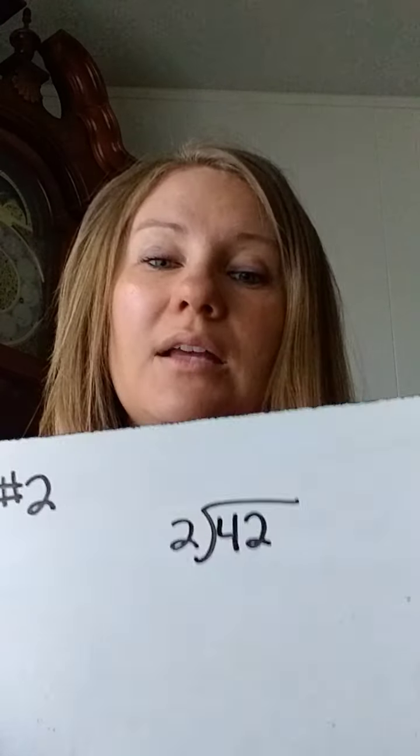If 2 oranges cost 42 cents, how much would 8 oranges cost? Now there's 2 different ways you can do this. One, we can go 42 divided by 2, and that will tell us how much an individual orange will cost. So let's do it this way. 2 into 4 is 2, and that's 4.